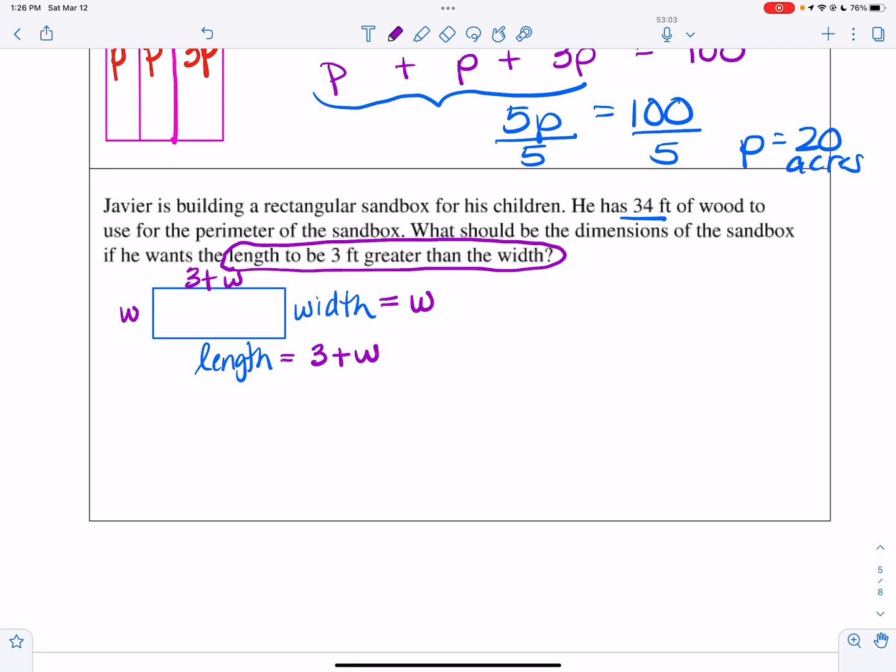And I know that the distance around that sandbox has to add up to the total feet of wood that I have. So I'm going to start here, okay? I'm going to take the first width plus the length plus the second width plus the length, and that has to equal 34.